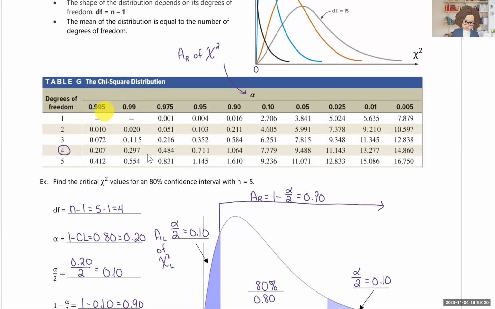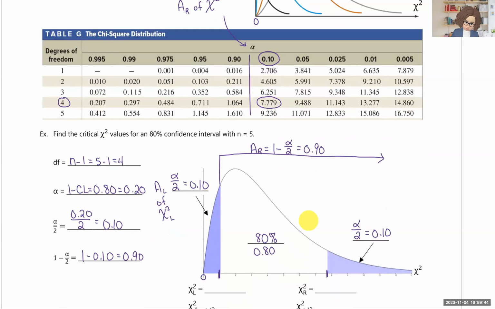I'm going to make a note here. There's 10 columns on the table, so I'm going to just draw a line down the middle of the table. And 0.10 is there. So I can see that the chi-square value answer is 7.779. So let's go ahead and write that down.